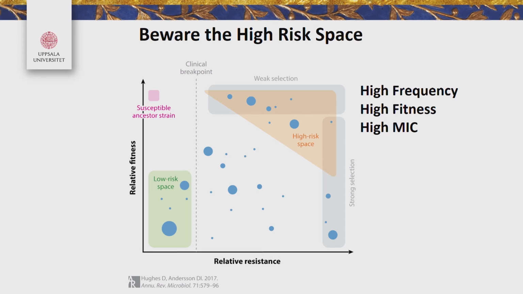What's important to do when you're developing a drug is you really want to avoid the high-risk space, which is those mutations towards the top right, which have a very high fitness and a very high relative resistance. And this has additional things about the types of selections that give rise to those mutations, but it's really beware of the high-risk space.